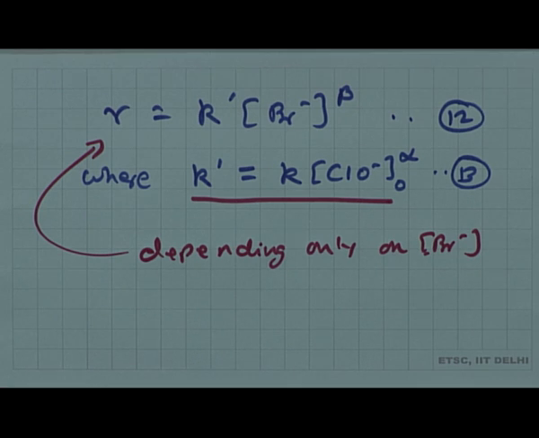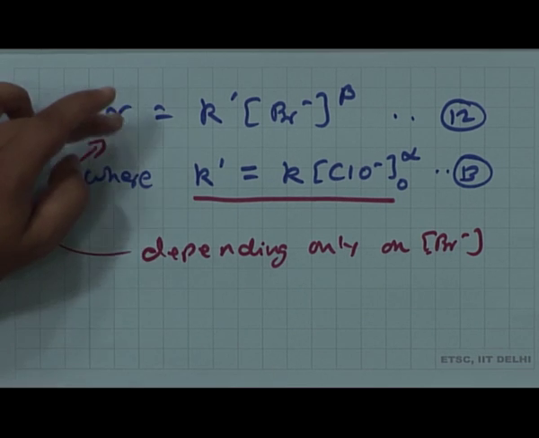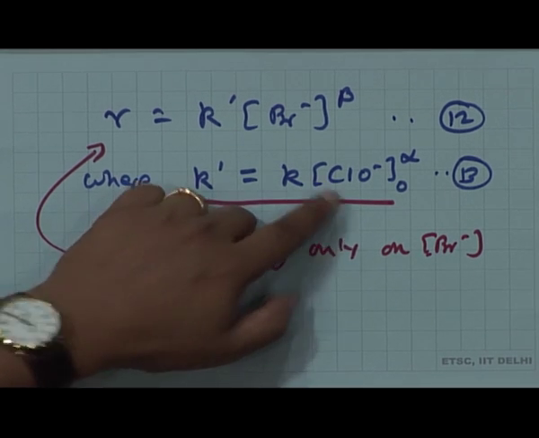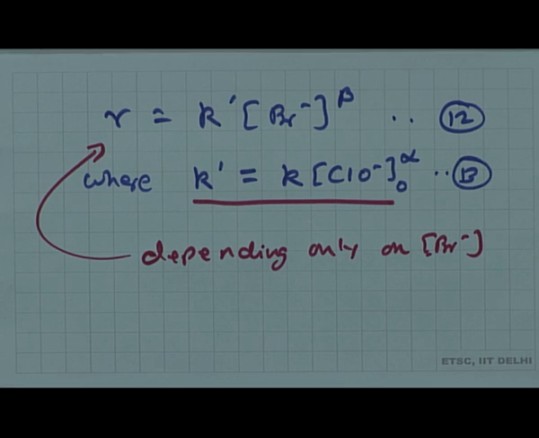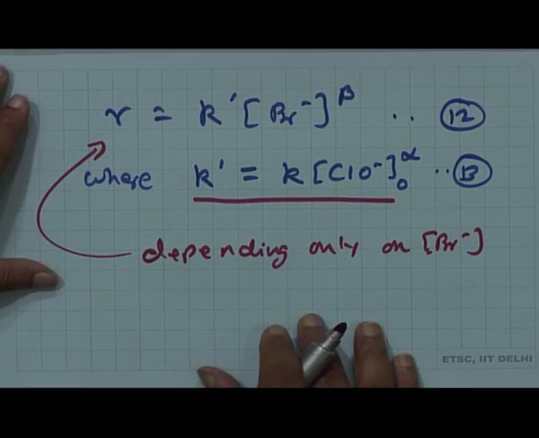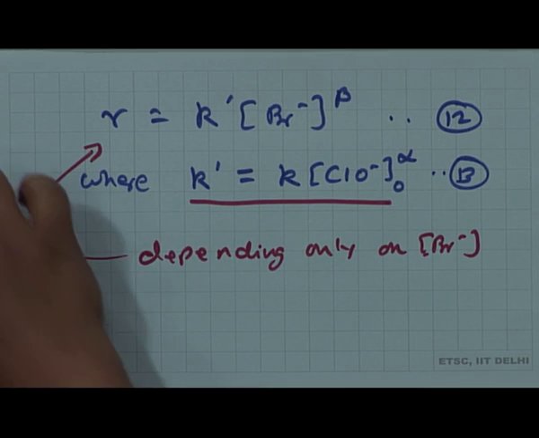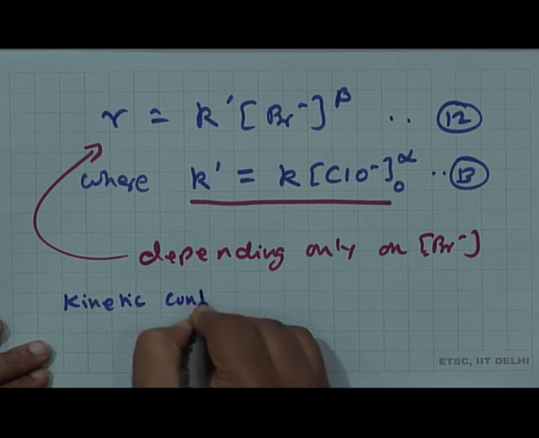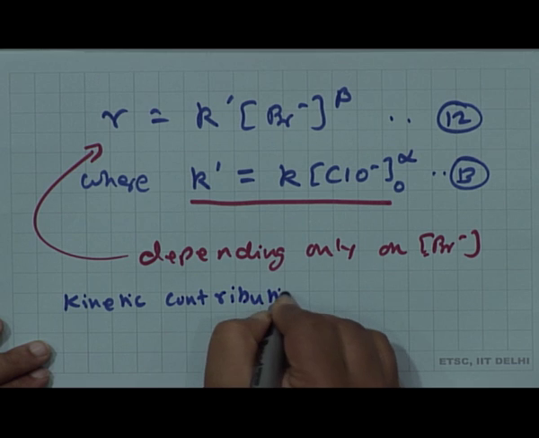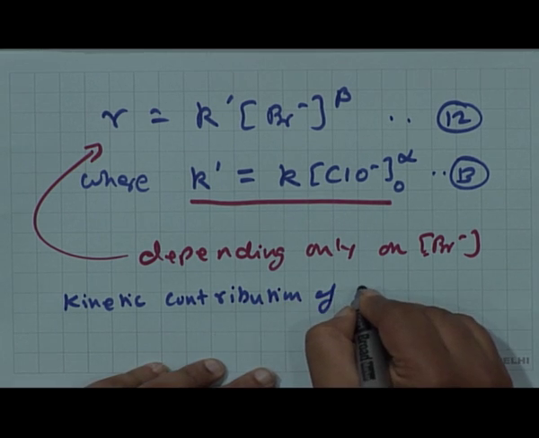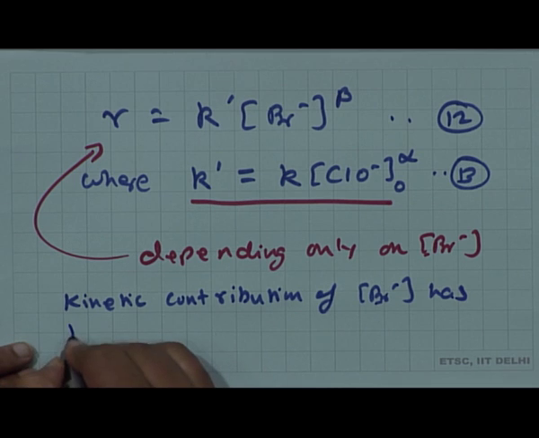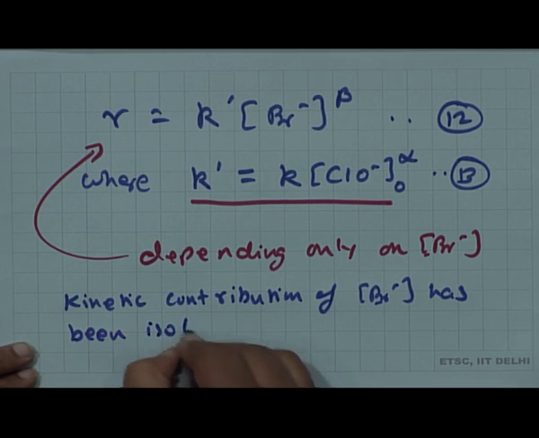And having said the fact that the rate is now dependent only on Br minus, because this one was in huge excess, we say that the kinetic contribution, now mark these words, having said this we say that the kinetic contribution of this Br minus concentration has been isolated.